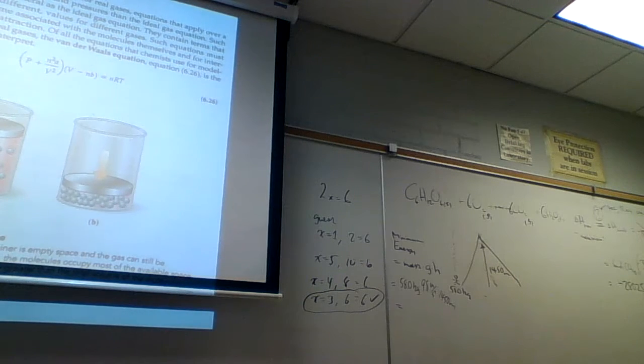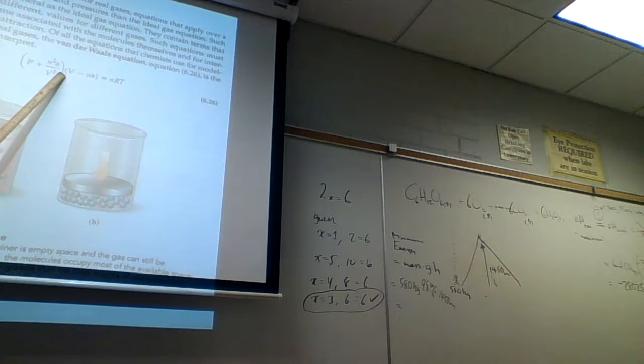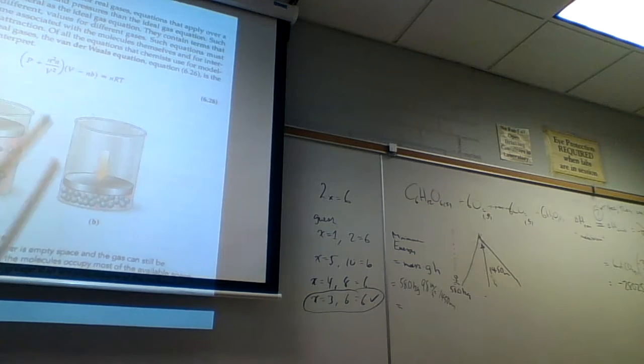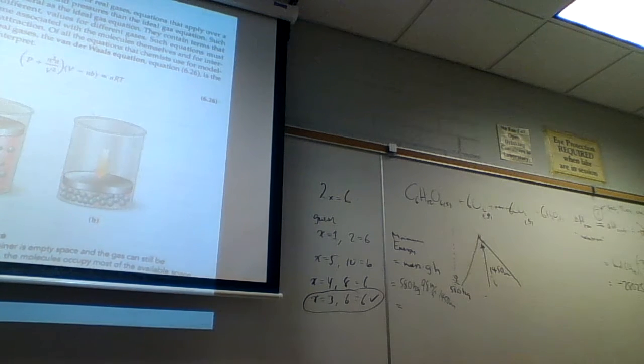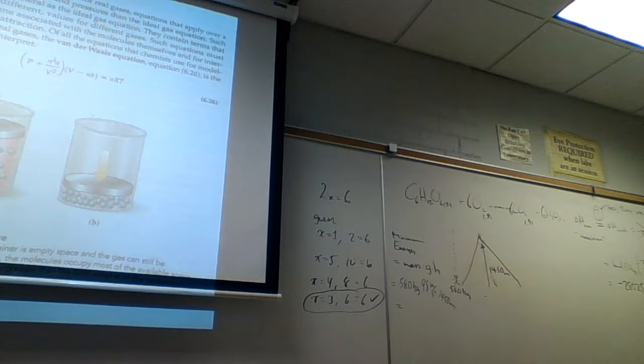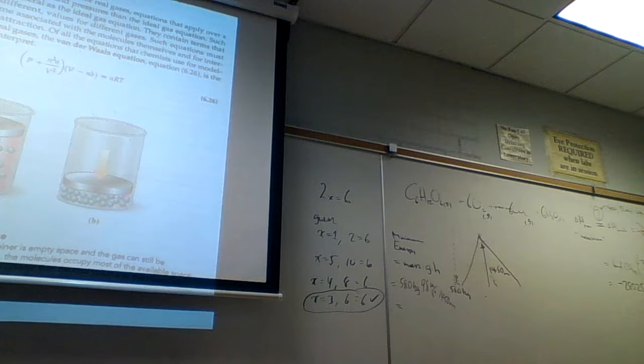The other term here is the volume correction. Now, if you have 1 liter of gas, do you have 1 liter of empty space? If you have 1 liter of gas, you don't have 1 liter of empty space, because some of that space is taken up by the molecules themselves.